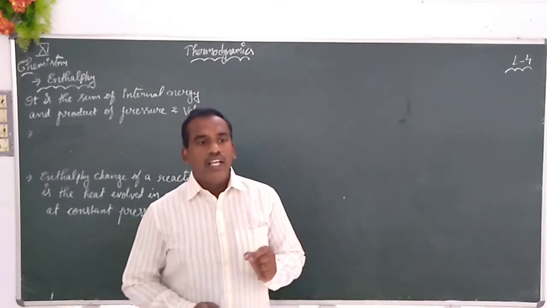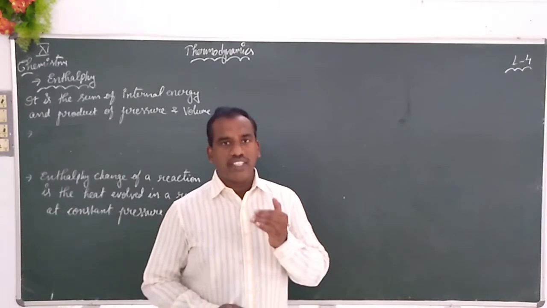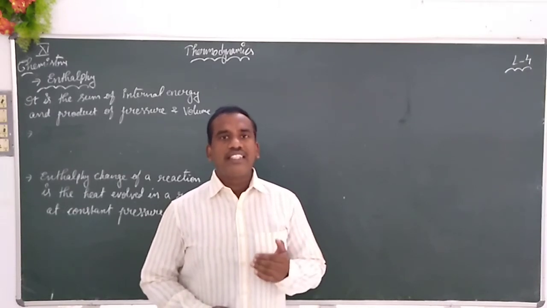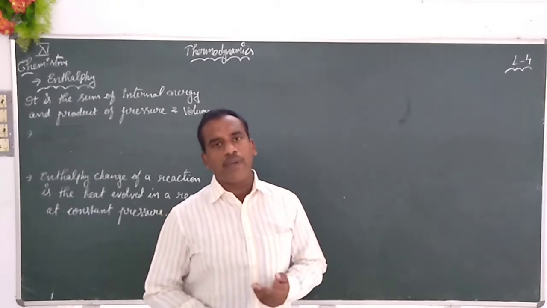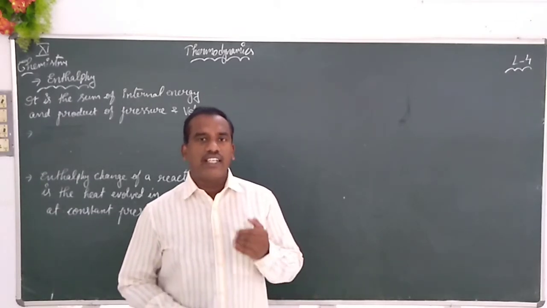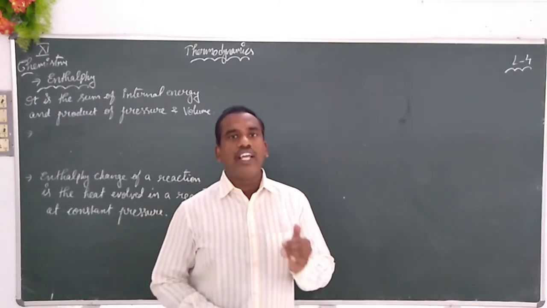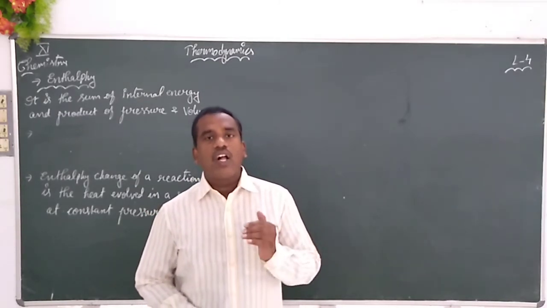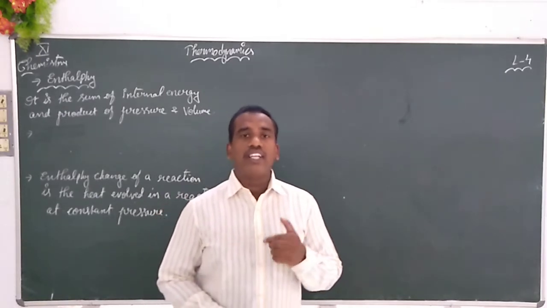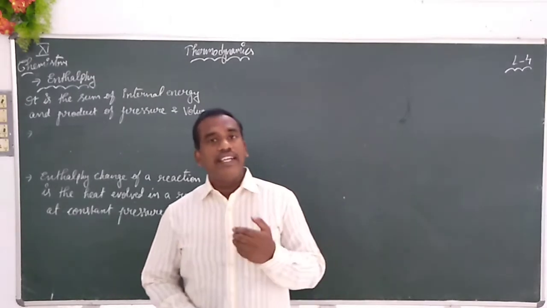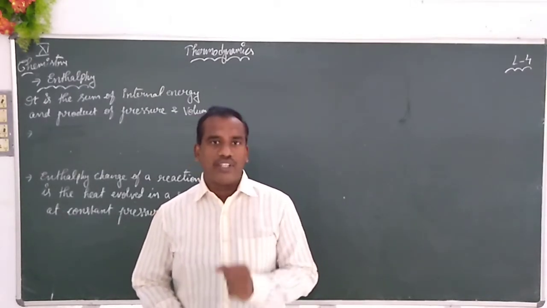Enthalpy is generally given the symbol H. It is the heat evolved, or the enthalpy change we speak of, during a reaction. The enthalpy change is the heat evolved during a reaction at constant pressure. At constant pressure. What is enthalpy change, children? Heat evolved during a reaction at constant pressure.